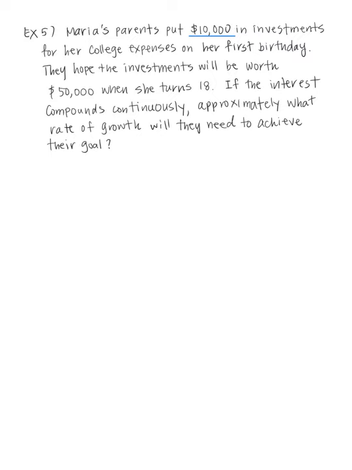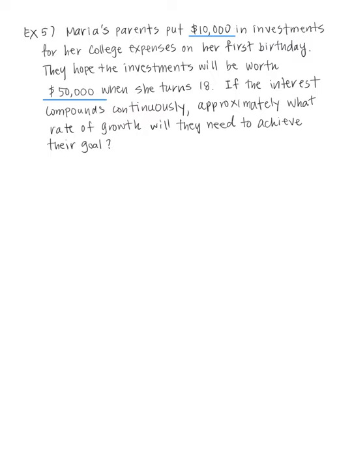Then they hope the investments will be worth $50,000 when she turns 18. So the $50,000 is our outcome that they want, which is going to play the role of A, the new balance.